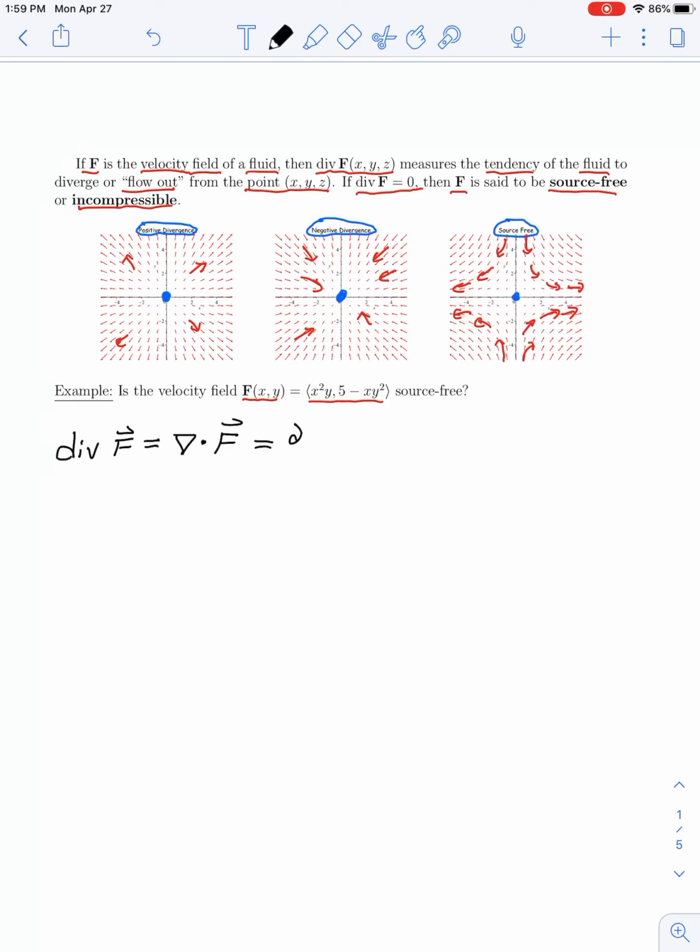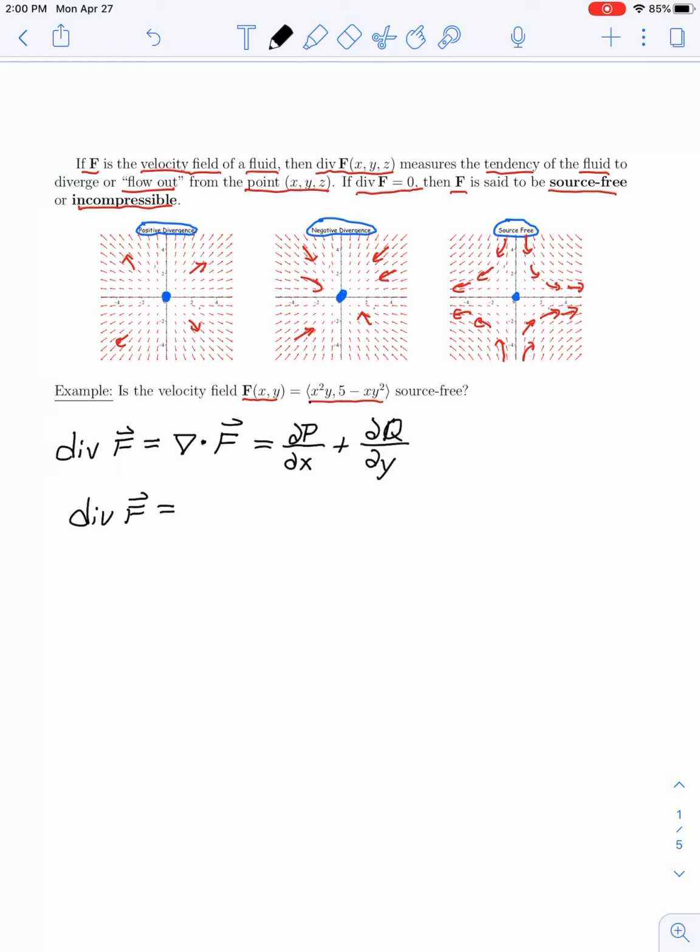So we're just taking the partial derivative of our first component with respect to x and the partial of our second component, q, with respect to y. And here we had no third component function. We can think of r as being 0 here. So let's see what we have for this divergence.